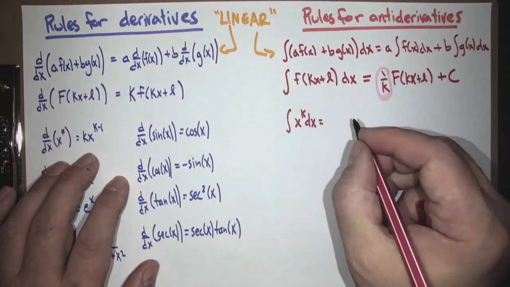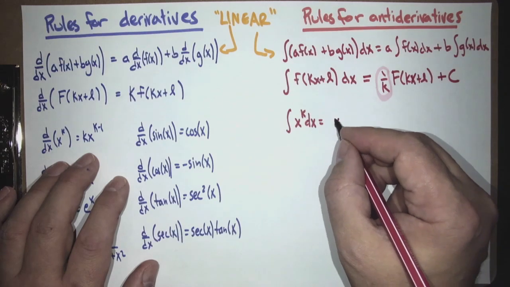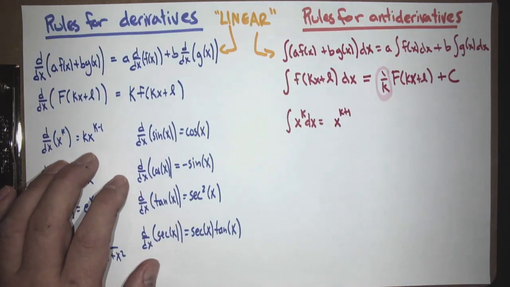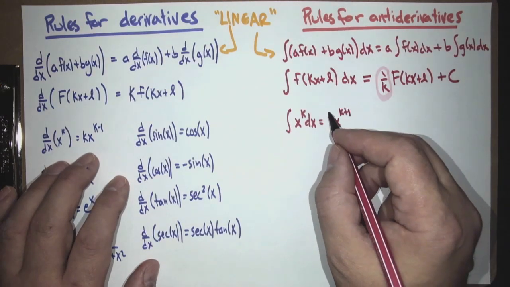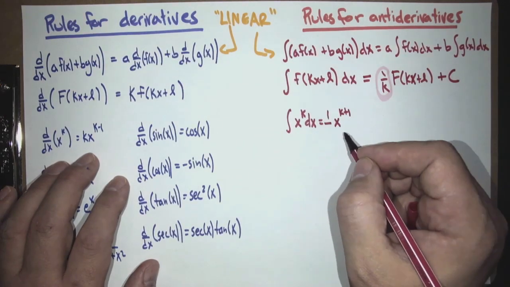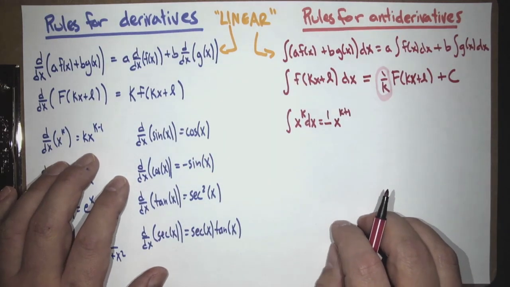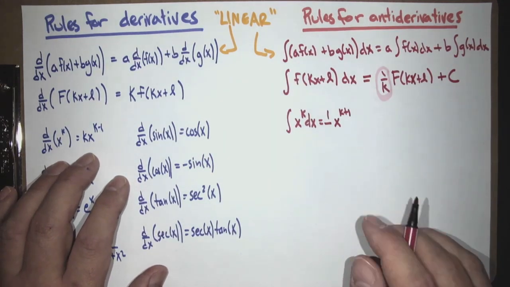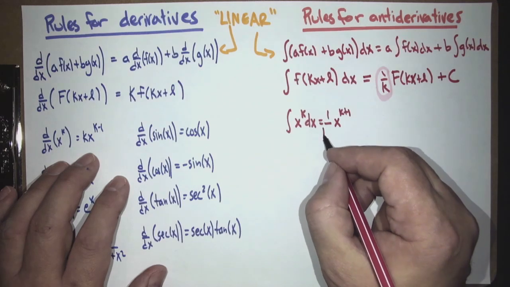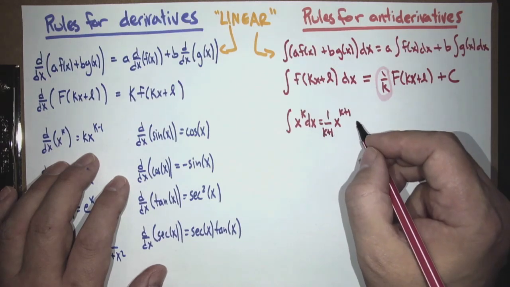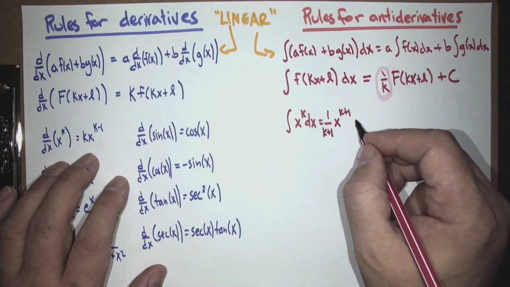You should add 1. Anything else that we need? A 1 over k? Close, it's 1 over k plus 1. Now, what else? Plus c.